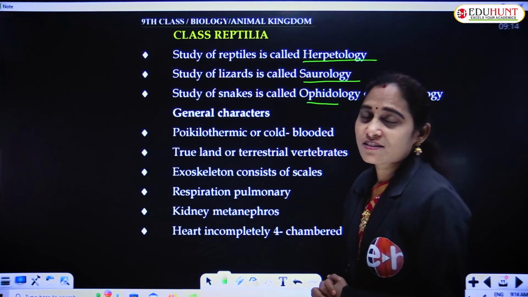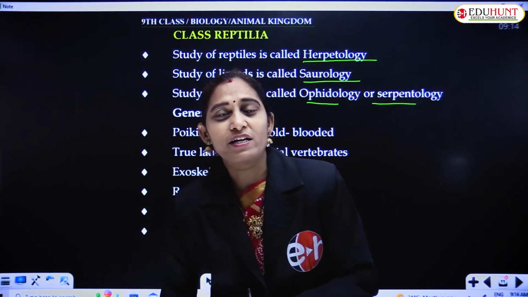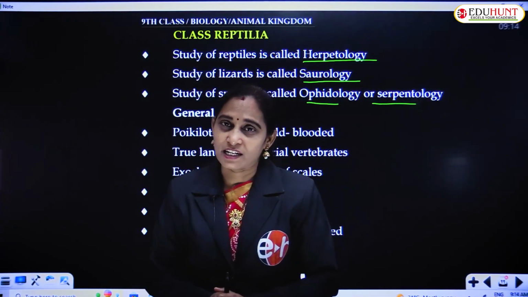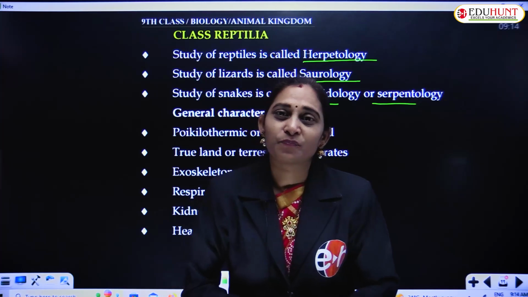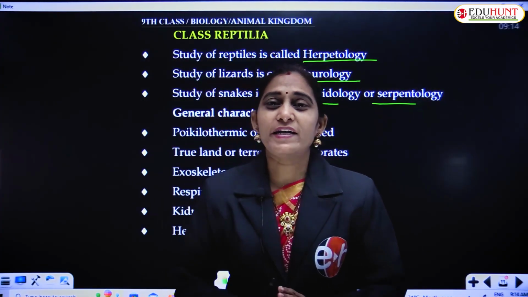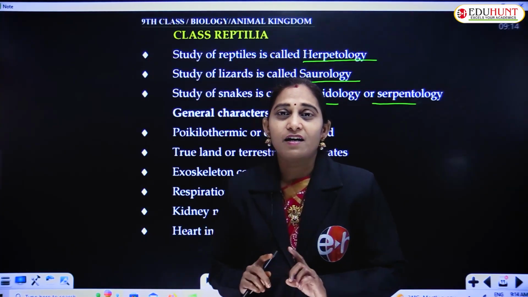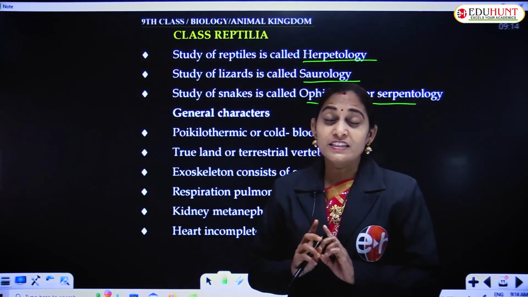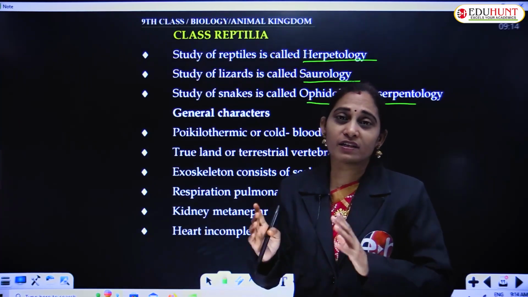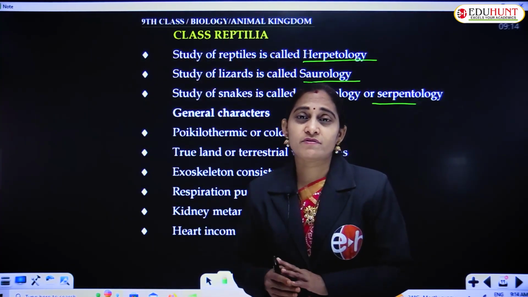General characters: these are poikilothermic animals. What is meant by poikilothermic animal? It means their body has varied temperatures. If the temperature of the surrounding environment falls, the body temperature also adjusts to it.